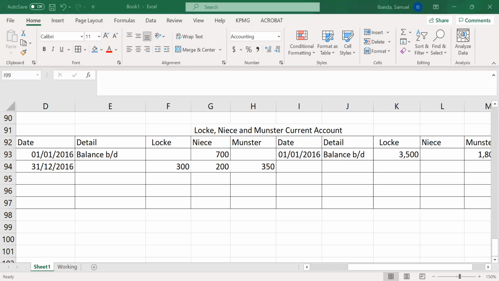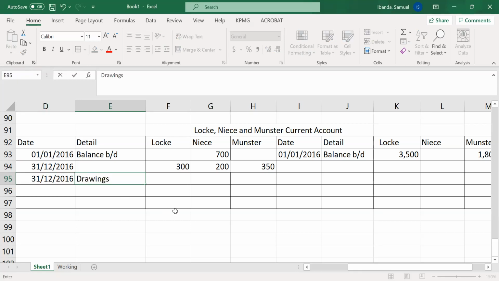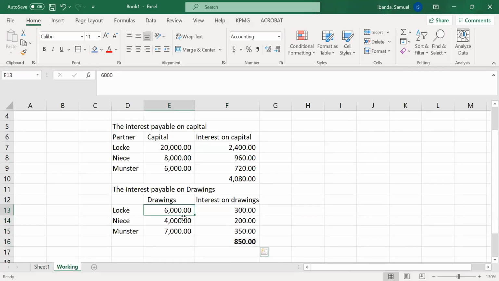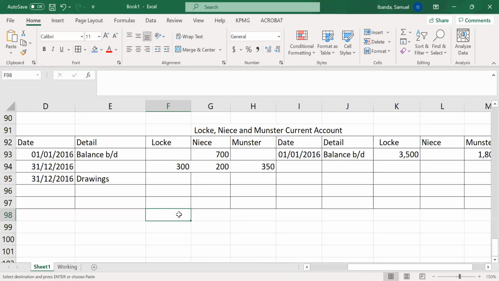So what I'm going to basically do, as you can see here, I'm just going to come here, use the same date. I say drawings, and pick them the way they are. This time I'm first recording the drawings.